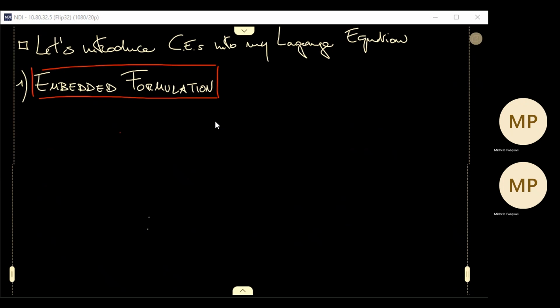What are the hypotheses upon which we will derive this formulation? We have three hypotheses. First, the constraints have to be holonomic.